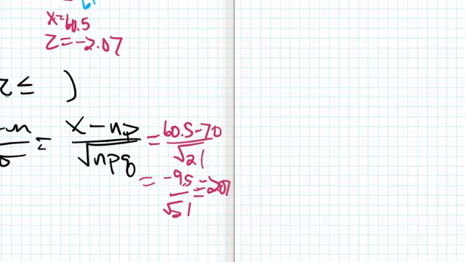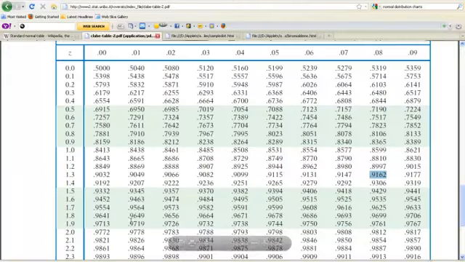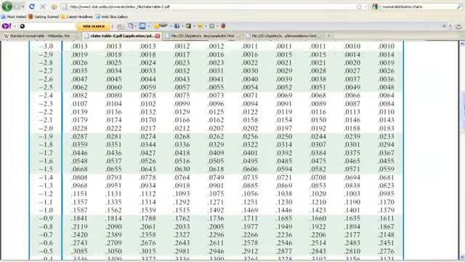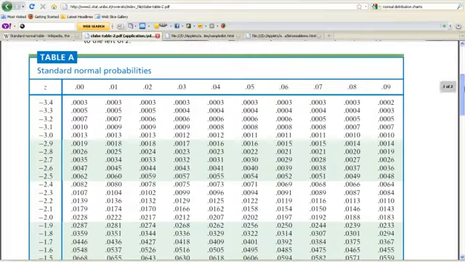So what we're looking for is the probability that z is less than negative 2.07. Where do we go to find that? You guys know where. I go to negative 2.0, right there, then cruise over to 2.07, and I get 0.0192.